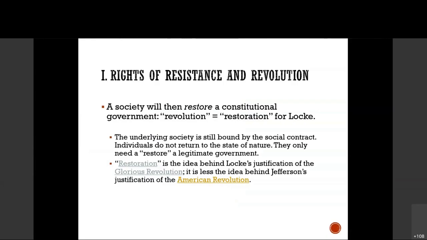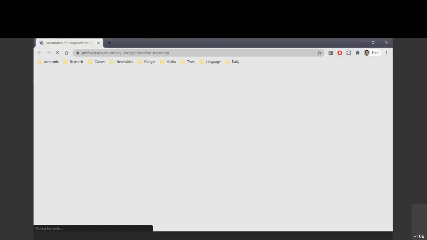And another problem with the Lockean restoration argument is even if there were a normative relationship to restore, that would have meant the British Americas remained a part of the British Empire, which is precisely the opposite of what Jefferson and the other founders of the United States wanted.